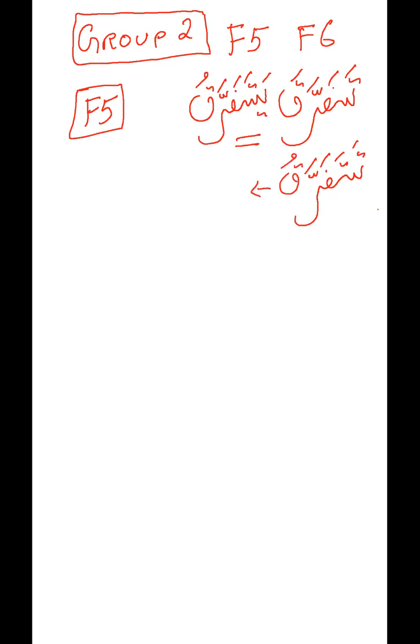Then what do we do? Lightest. Command and forbidding have nothing to do with normal and light. They only work with lightest. So, tatafarraq. And then what do we do? Drop one of the tas. So it will be tafarraq.